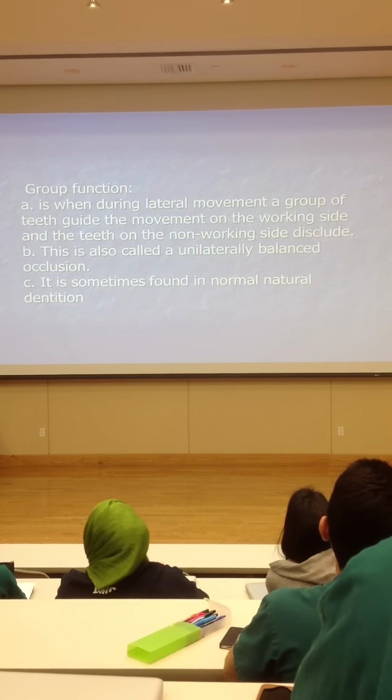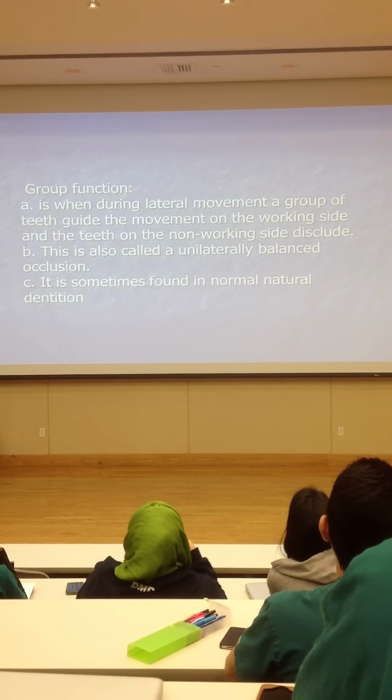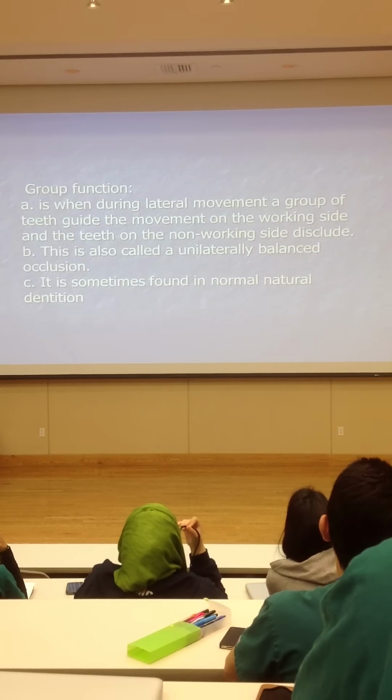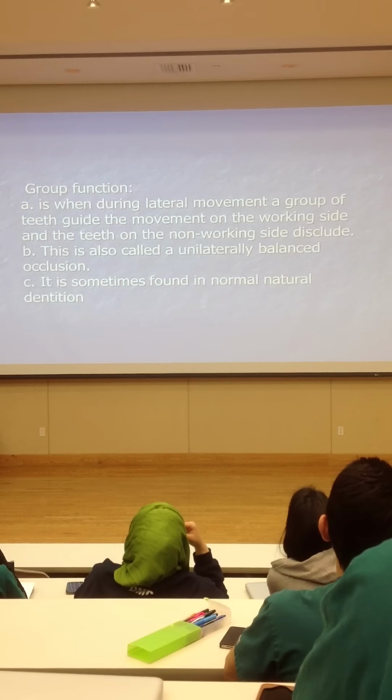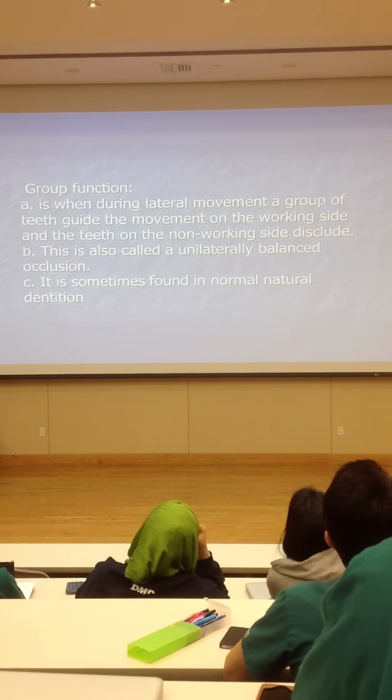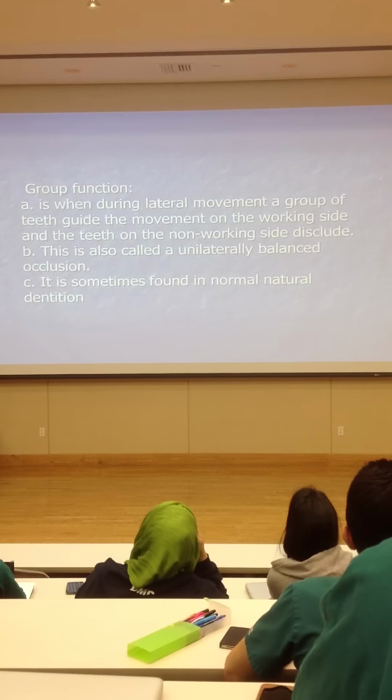We talked about group function. It's when more than just the canine is involved in lateral movement, meaning there's a group of teeth that lead the disclusion of the rest of them.